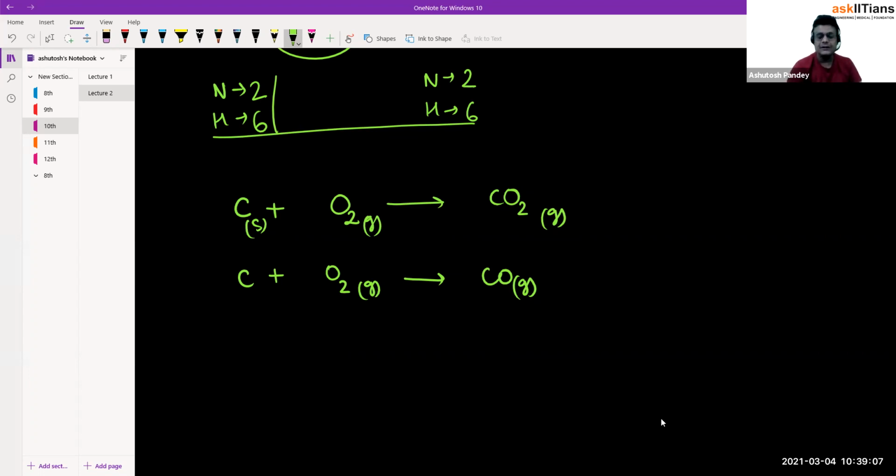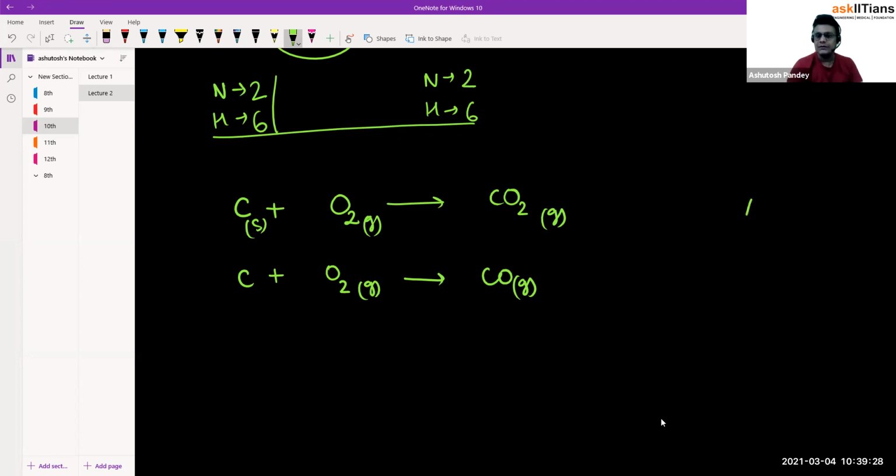Then the bond is going to break, and that's how the two atoms will get involved. So then we cannot change the numbers written as subscripts.